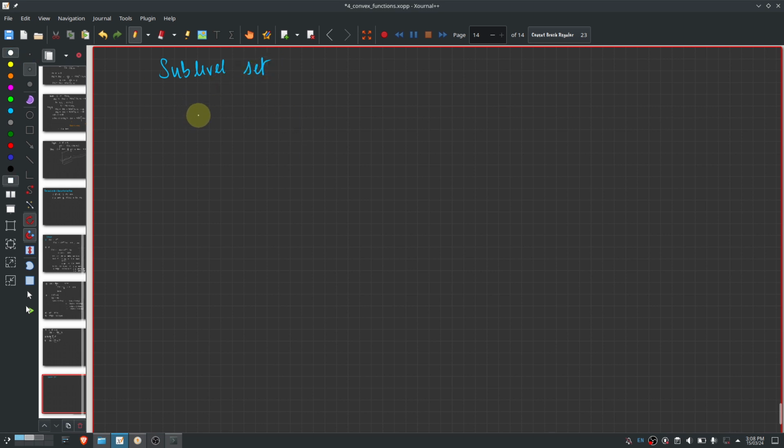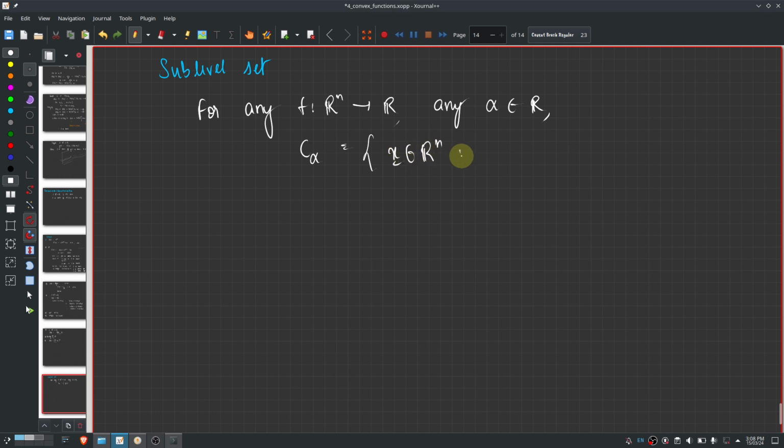For any function f, and any, say, alpha in R, we'll define the alpha sublevel set C alpha to be the set of all x in Rn such that f of x is less than or equal to alpha.